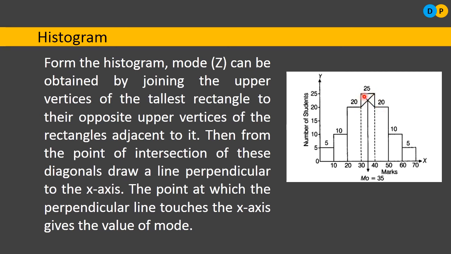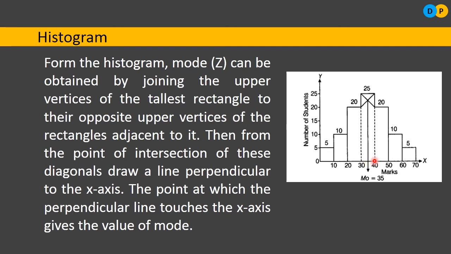After drawing lines to the opposite vertices, we will get an intersection point. From this intersection point, if we draw a line perpendicular to the x-axis, the meeting point on the x-axis will identify the mode.